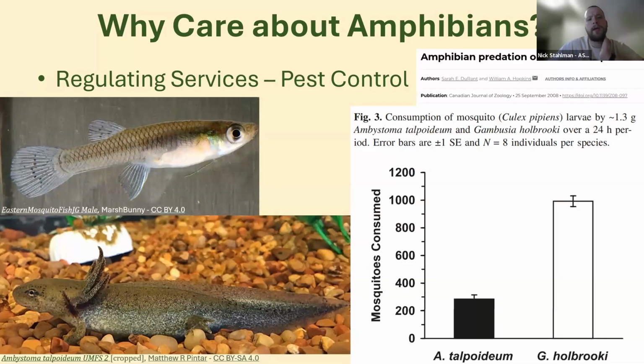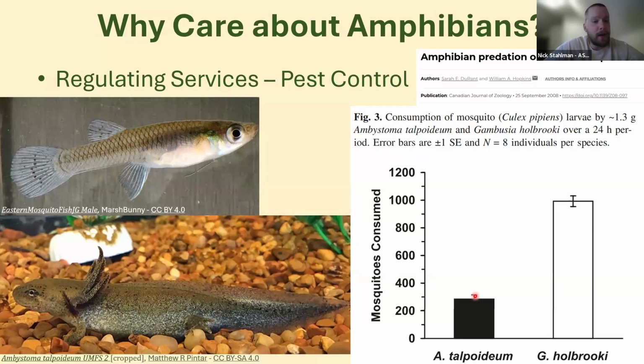And what they found, this is a graph from the study. Gambusia holbrooki is the fish, and here is the larval mole salamander. Gambusia, the mosquitofish, consumed over 3 times as many mosquito larvae, which is why they've been introduced all across the world. They are a known mosquito larva eater, but this has resulted in some ill effects.